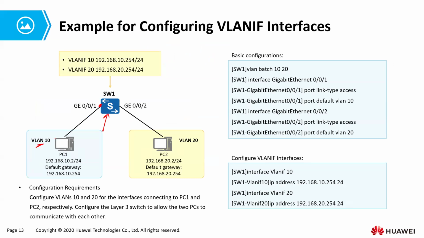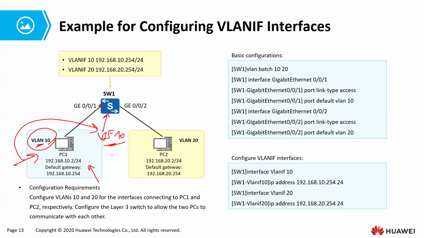For example, for VLAN 10, you create a virtual interface called VLAN 10, then assign an IP address. What will it mean? It means every device in VLAN 10 will go to this virtual interface when inter-VLAN routing happens. This will basically be the default gateway for every device in VLAN 10.